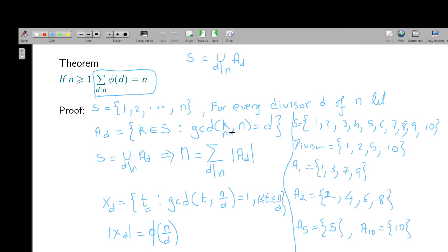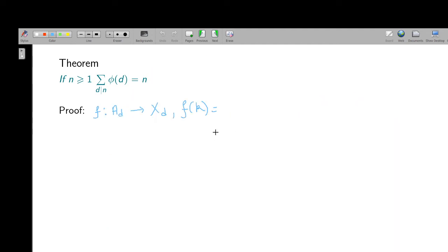I know that the GCD of k and N is D, so take f of k to be k by D. I think this will work. Let's just check.